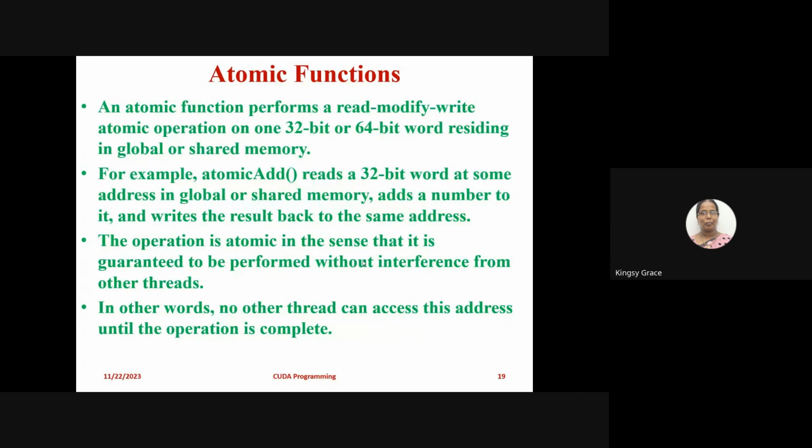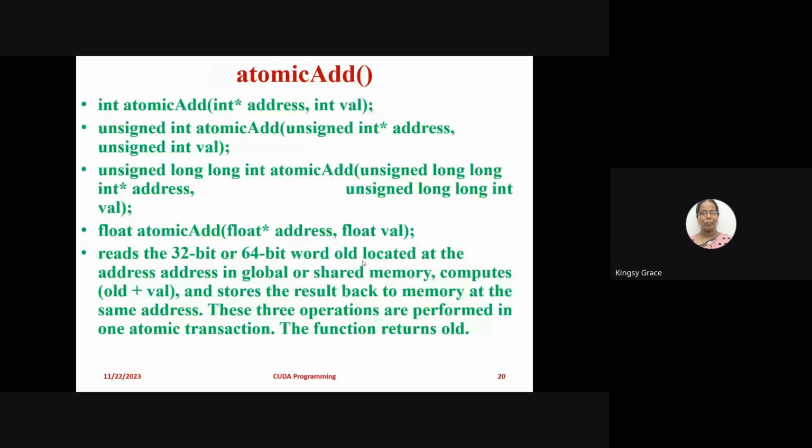Okay, so that is the main thing. Here what happens is if any thread has accessed some word in the memory using an atomic operation, other threads couldn't access that particular memory location. So this is the concept. One memory location accessed by some thread using an atomic function means that location couldn't be accessed by other threads. Okay. So already we have seen what the atomic functions are.